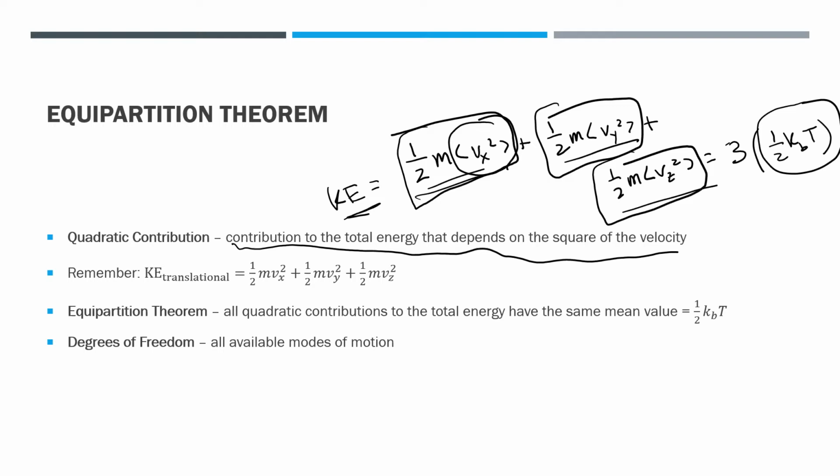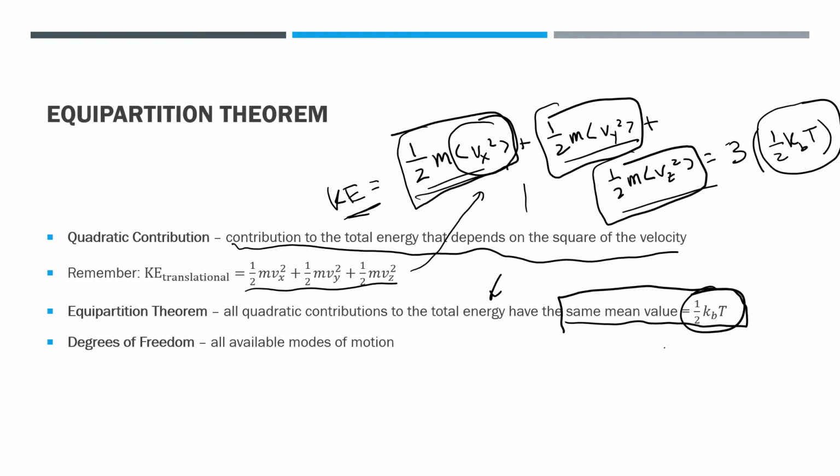Now let's talk about the equipartition theorem. And here I'm just reminding you of what I wrote down above. This is the big thing in this video. All quadratic contributions to the total energy have the same mean value that's equal to half kBT. And this is basically what I showed up here, right? When I was talking about this formula, vx squared, vy squared, vz squared are all the exact same things once I average it, because there's nothing special about any of these directions.